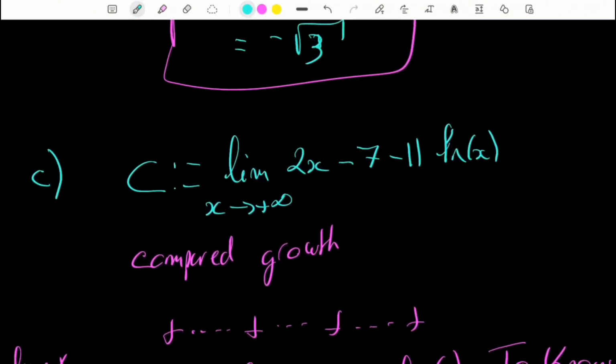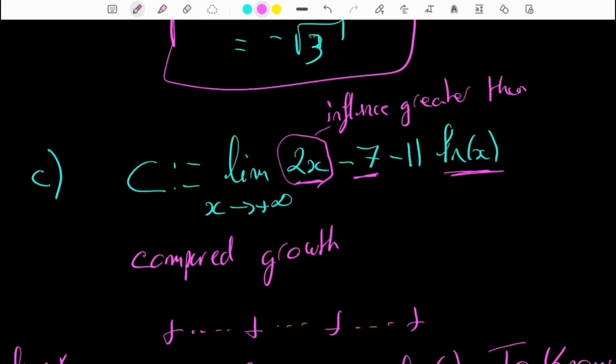So you can see that we've got something polynomial here, one constant here, and something with ln of x. So I just said that what's going to win at infinity is this term with x, because its influence will be greater than the ln of x one.